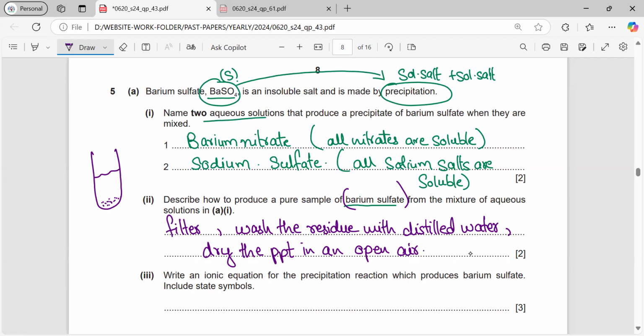Write an ionic equation for the precipitation reaction which produces barium sulfate. In an ionic equation, the ions are involved, the positive ions and the negative ions. For barium sulfate, the positive ion is barium.